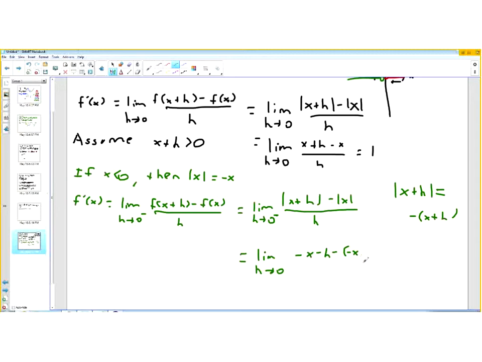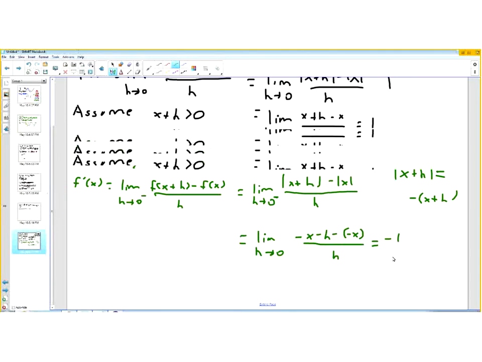Because again, x is less than 0, and so the absolute value of a negative number is the negative of the number. And so this, after simplifying, becomes negative 1. So far so good.